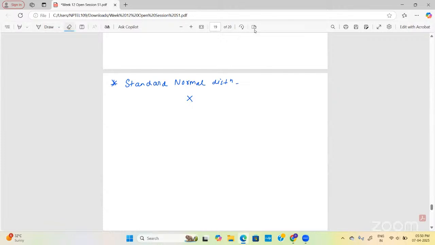So standard normal distribution, the variable is represented by z. And what we have to do? Suppose x is a variable. Okay, x is following normal mu comma sigma square only. And if we subtract the mean and divide by the standard deviation, then this variable becomes a standard normal variable, which means the mean will be 0 and the standard deviation will be 1.